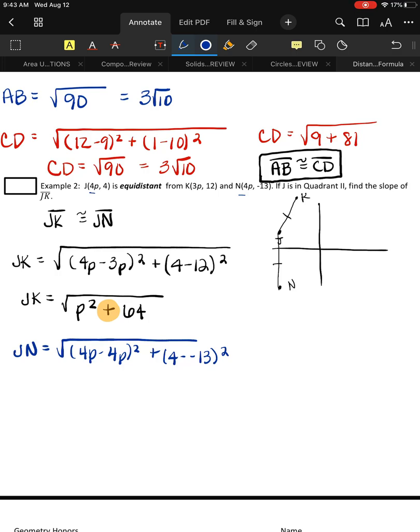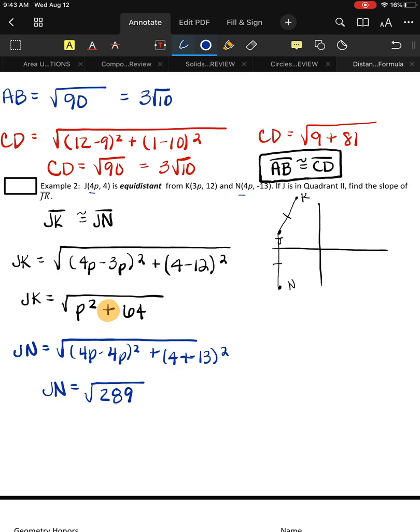And we're going to simplify this. 4p minus 4p is 0, and 0 squared is 0. And 4 minus negative 13 becomes 4 plus 13, which is 17. And 17 squared is 289.